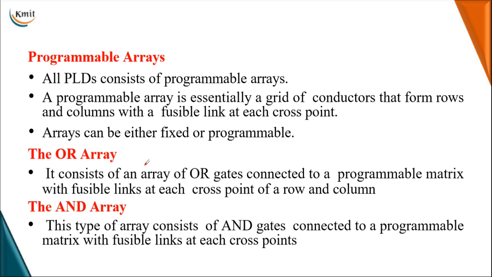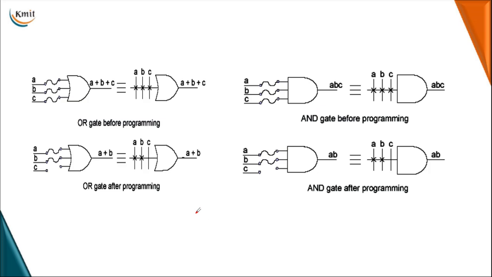Whereas the AND array consists of AND gates, also connected using a programmable matrix with a fusible connection. Each cross point indicates a programmable connection. The absence of a cross point indicates no connection between that input line and the input of your AND array.